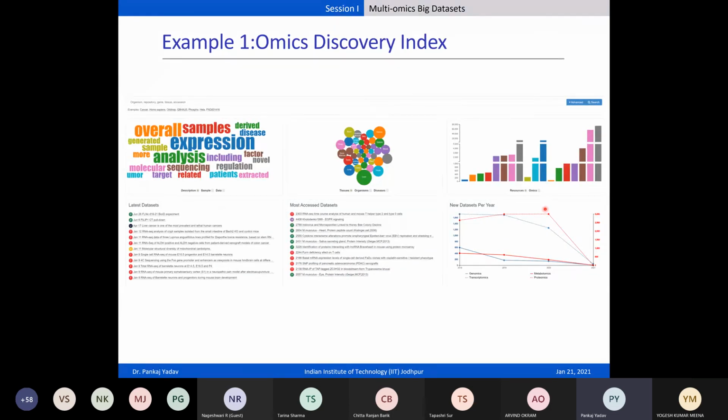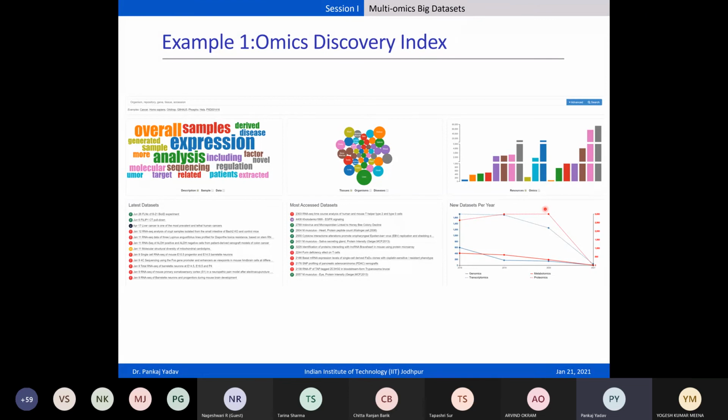Now, to give you some examples of multi-omics big data and where you can find it, one example that I have shown in this slide is the Omics Discovery Index. Basically this is a data repository where all kinds of multi-omics data are available.